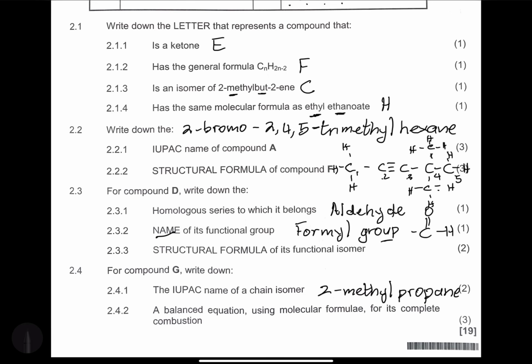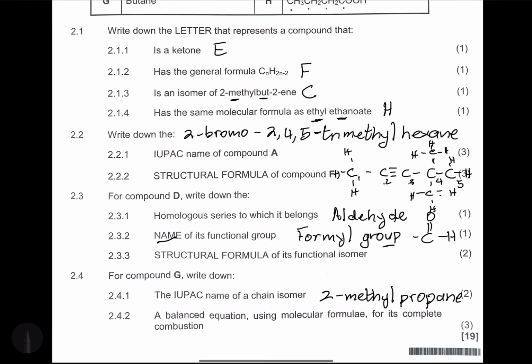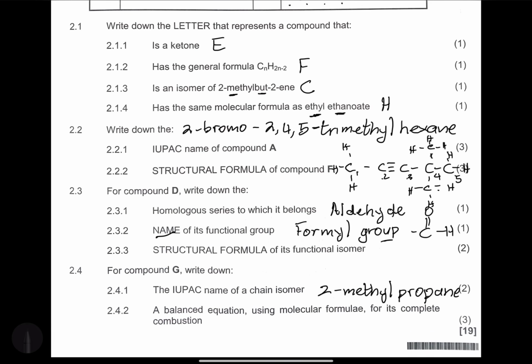Okay, right. And then the last question, they say write down a balanced equation using molecular formulae for its complete combustion. Okay, now please remember, in this case, butane has got the molecular formula C4H10, right?